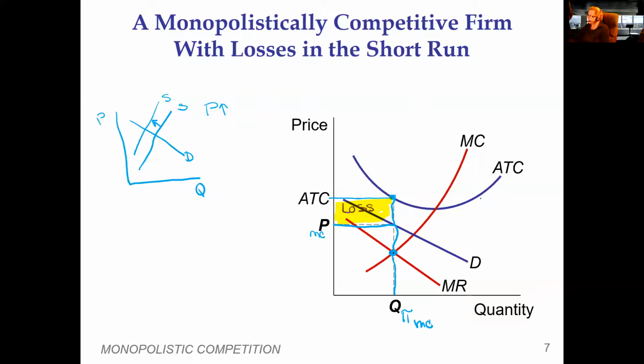Well, a lot of you are thinking, well, the average total cost curve is made up of average fixed costs, right? And average variable cost. So which cost can you change in the short run? You can only change the average variable cost.